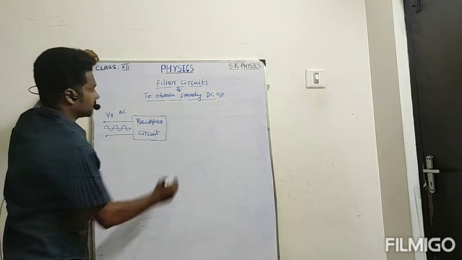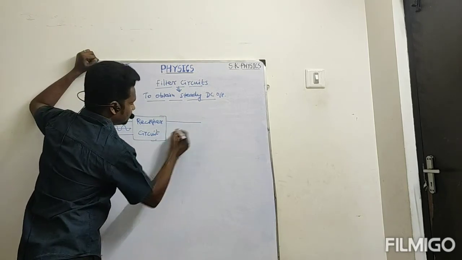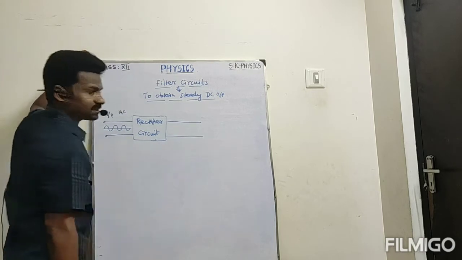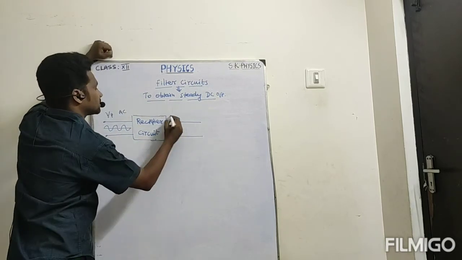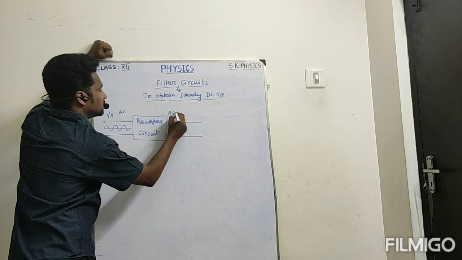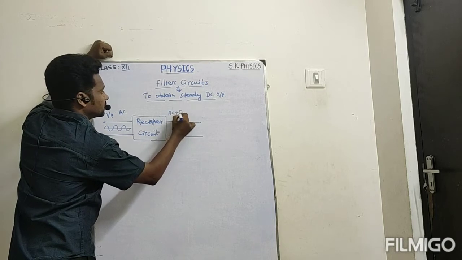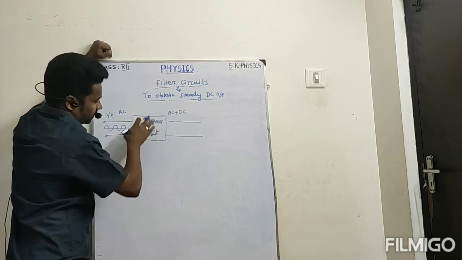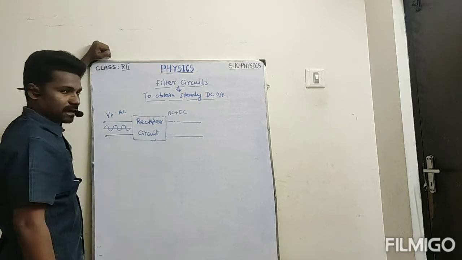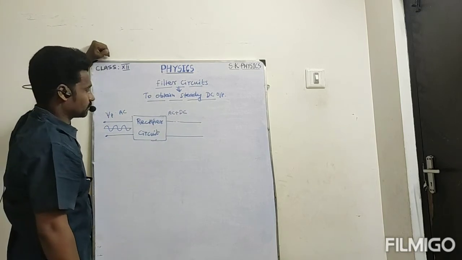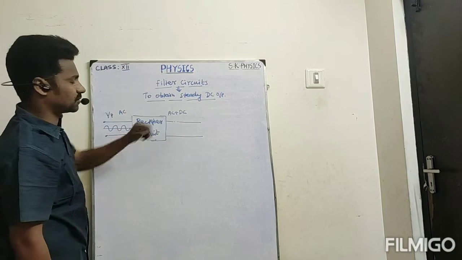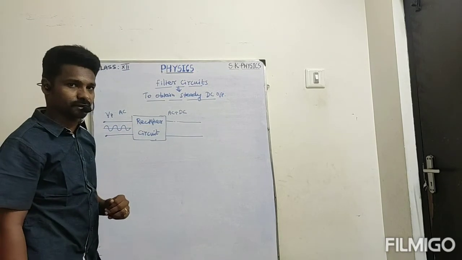But the output we expected is DC, but it is not like that. Here it is a combination of AC plus DC. This combination only will come as output. Mostly DC, but some fraction of AC will also come.